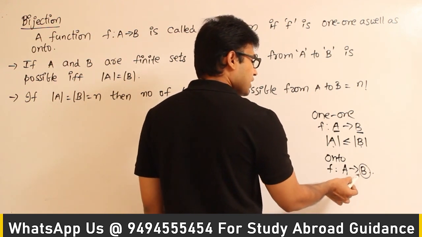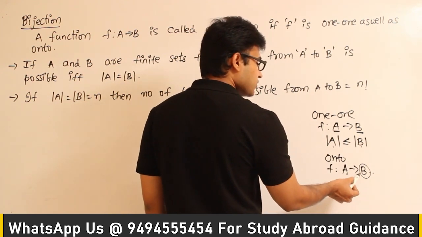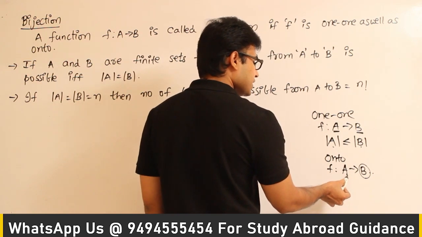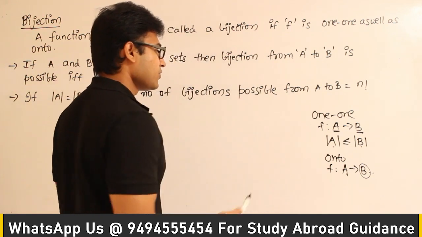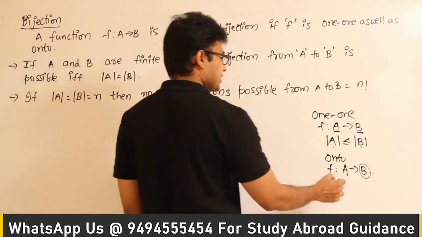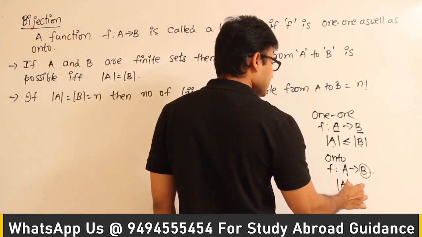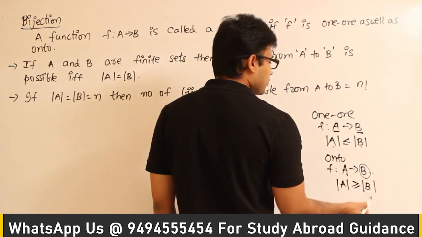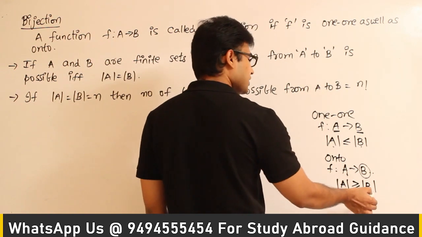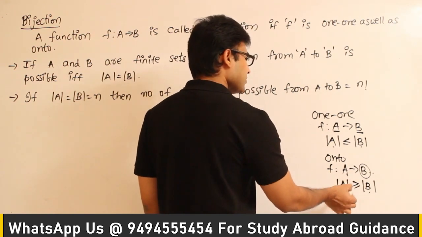Therefore, if every element in B has to get a pre-image in A, then the number of elements in A should be greater than or equal to the number of elements in B. Then only there will be a chance that every element in B will get a distinct element in A.